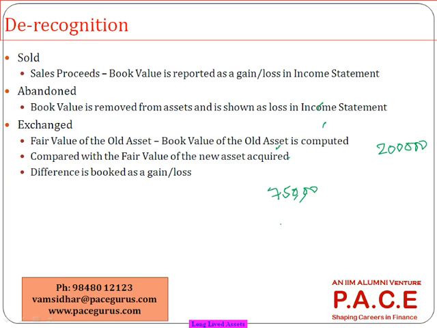Find out what the real worth of this old machine is in the market. Assume 80,000 is the worth of that machine. So he has offered you a new machine at 2 lakhs after taking 80,000 for the old one.